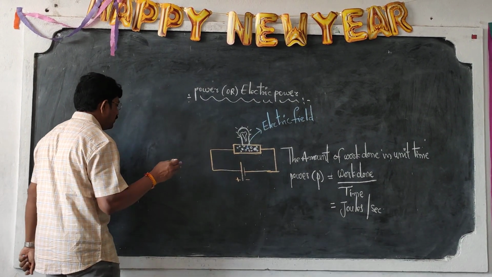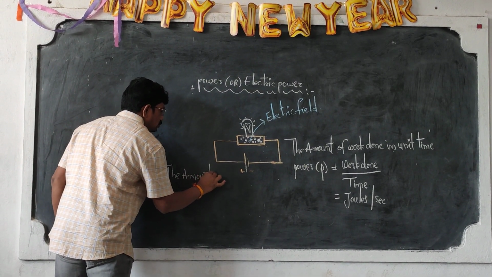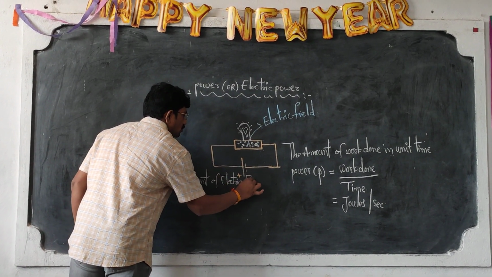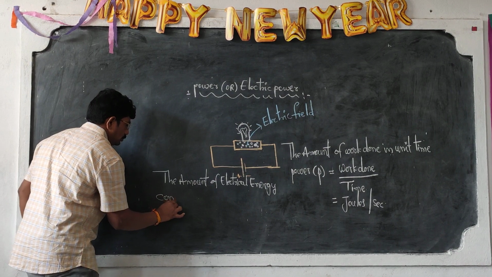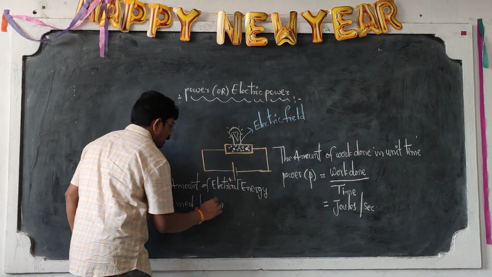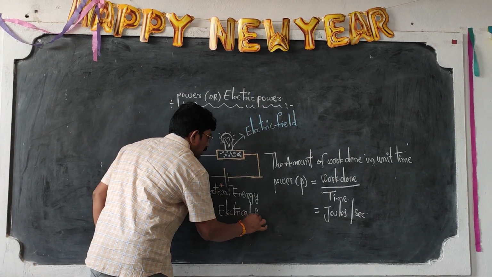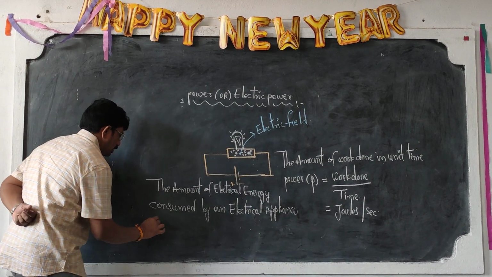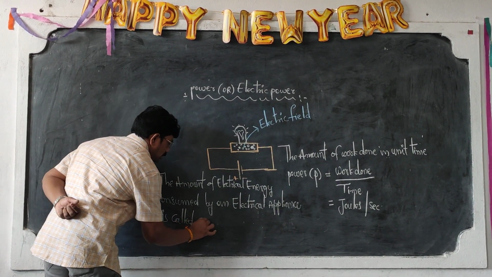So what is the other definition? The amount of electrical energy consumed by an electrical appliance is called power or electric power.